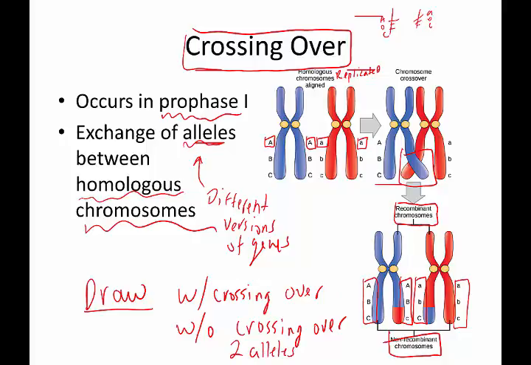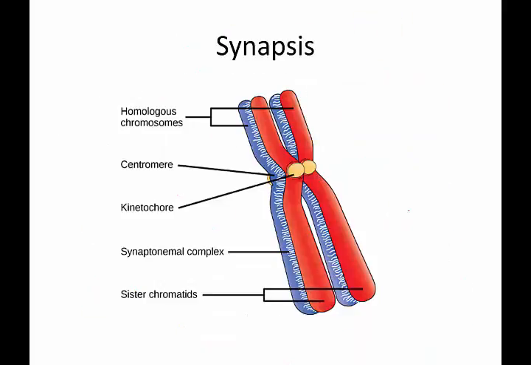So with 3 alleles, it can be quite complex. So imagine you only had 2 alleles. So imagine you got rid of C here. So here you only have A and B alleles. So what are the possible configurations due to crossing over? So this is a very helpful exercise that will help you understand why crossing over creates variation.